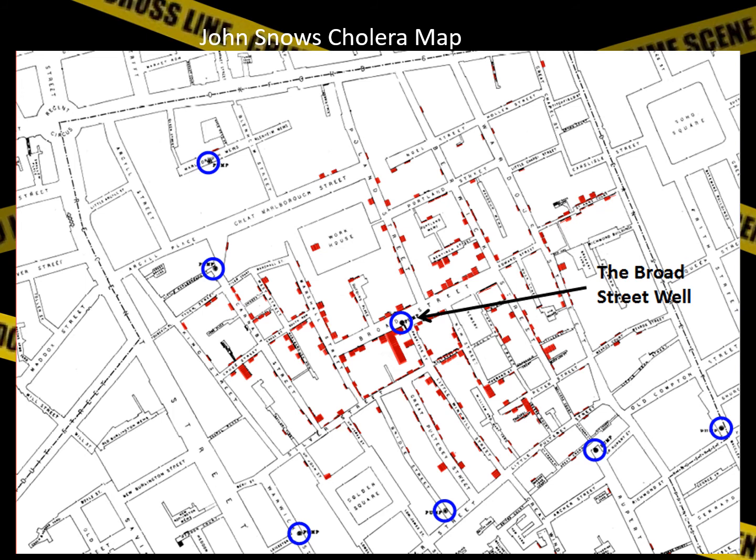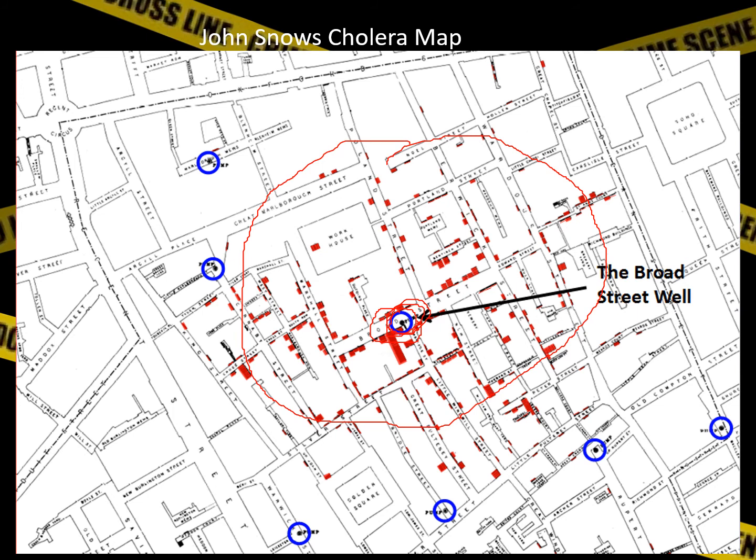What he was finding is that the people who used the Broad Street well, the pump on Broad Street, were the ones around this general area. These people all tended to use this one pump here, and this is where the majority of the cholera cases actually were.